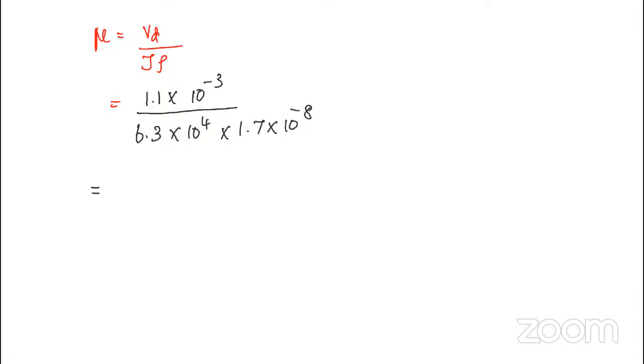So in the powers, now we cancel out. In the denominator the powers are minus 8 and plus 4, so it becomes minus 4.